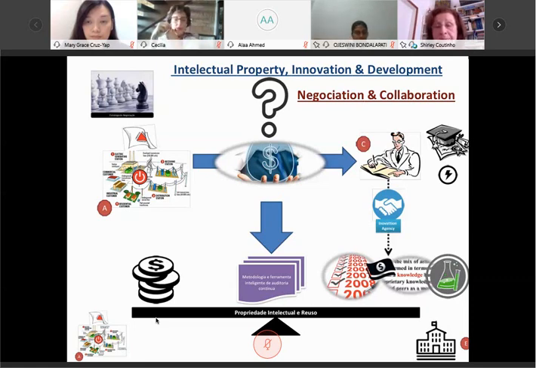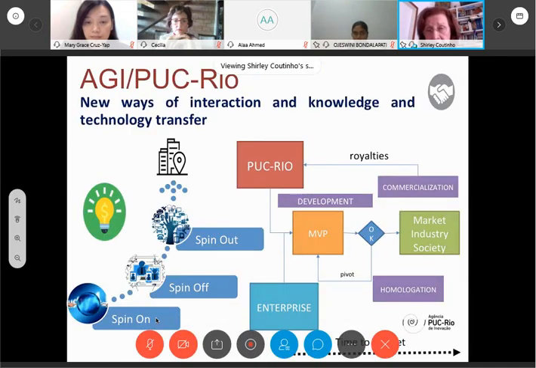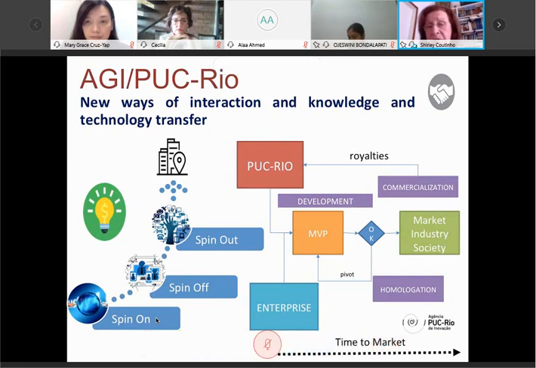At the university where I work, we are dealing with the difficulty of the traditional licensing model, because after the hyperinflation, entrepreneurs and enterprises in Brazil are very risk averse.